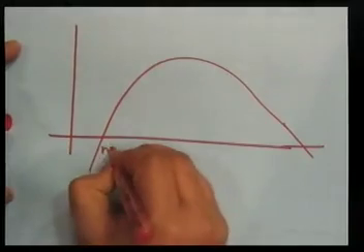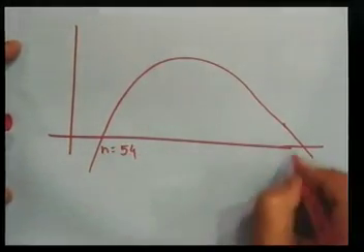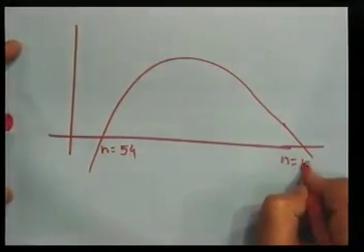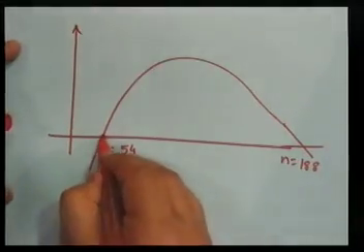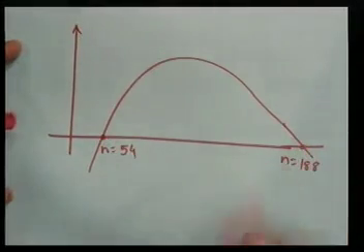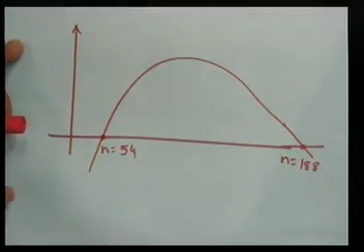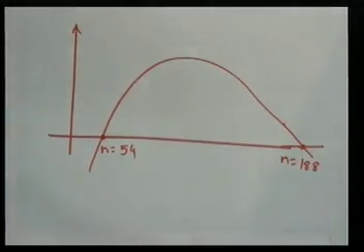This may be n is equal to 54. This may be n is equal to 188. So, at this production level as well as at this production level, we are neither making any profit nor making any loss. In between we have to find what is the production level at which my profit is going to be maximum.